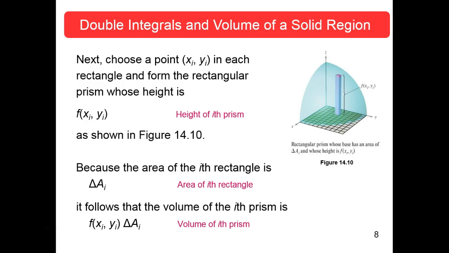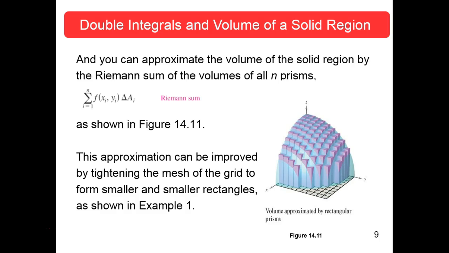The volume of the ith prism is the height times the area of the base. You can approximate the volume of the solid region by a Riemann sum of the volumes of all n prisms, the summation from i equals 1 to n of f of x sub i, y sub i, times delta A, which is your area increment.